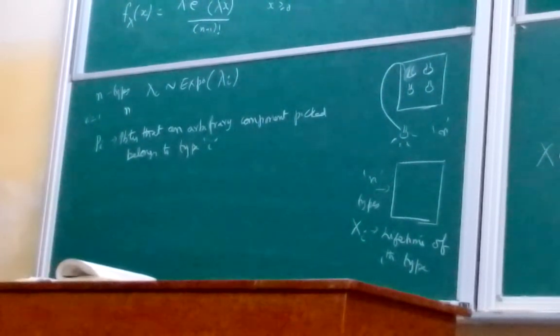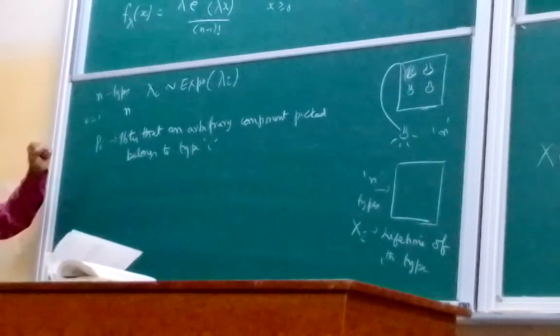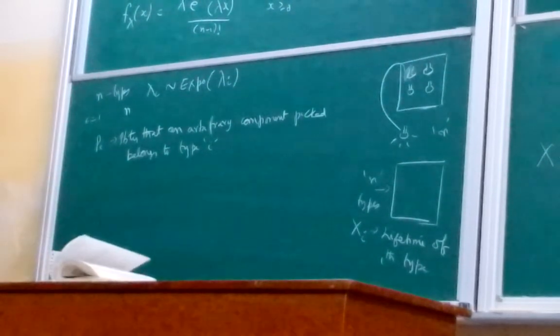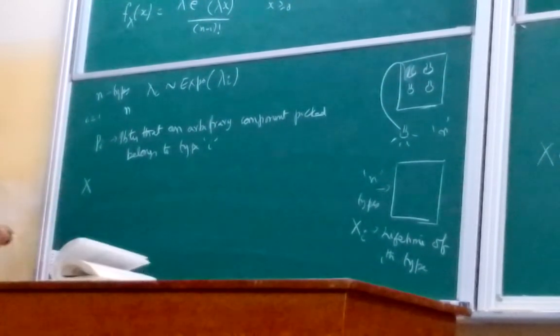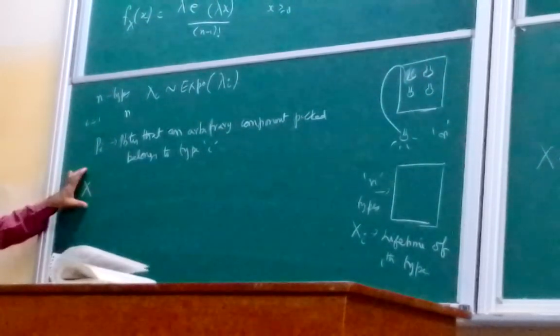Okay. So now an arbitrary component is picked, and it has a lifetime which I will call X. It may be from type 1 or it may be from type 3, I don't even know. Its lifetime is what I want to characterize.